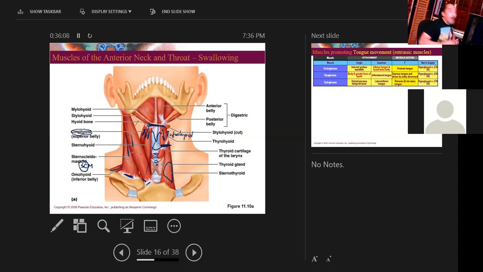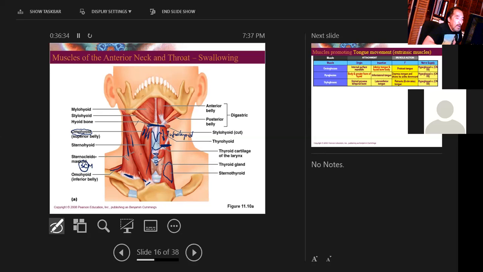Okay. All right, so the muscle that is visible here in the suprahyoid group is called the digastric muscle. So what does digastric mean? It has two stomachs. Okay, because there's an anterior belly and a posterior belly.